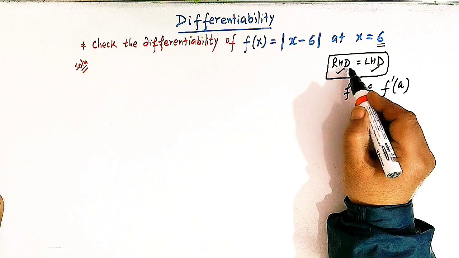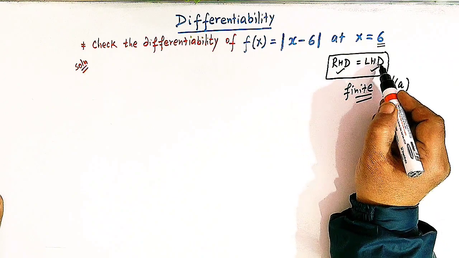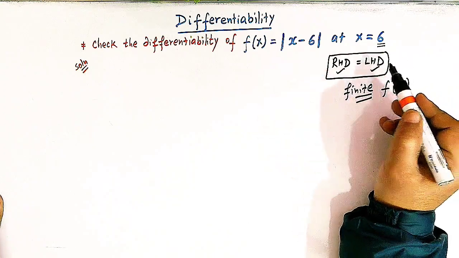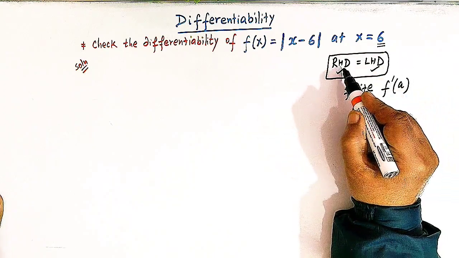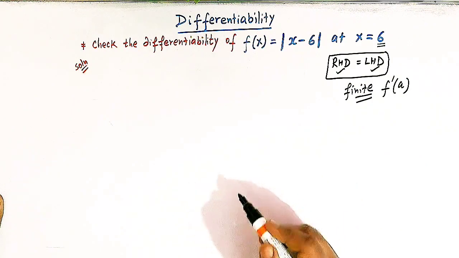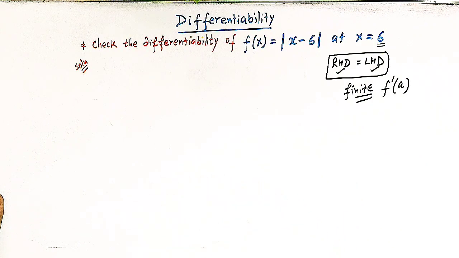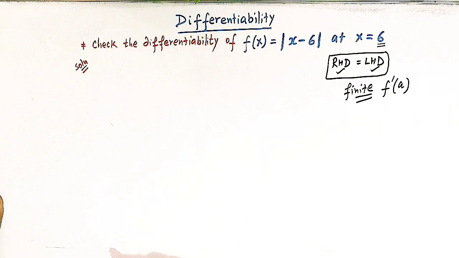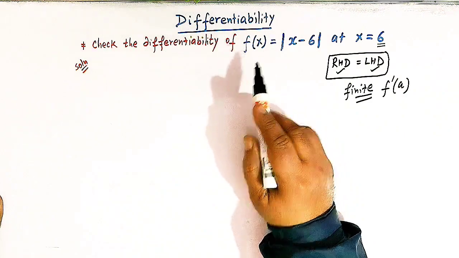And if the right hand derivative and the left hand derivative are not equal to each other, or in some cases the right hand derivative or the left hand derivative may not be finite, then we can say that the function is not differentiable, right? So we have already discussed the concept of differentiability of a function at a given point in our earlier videos, right? So let us solve this problem.